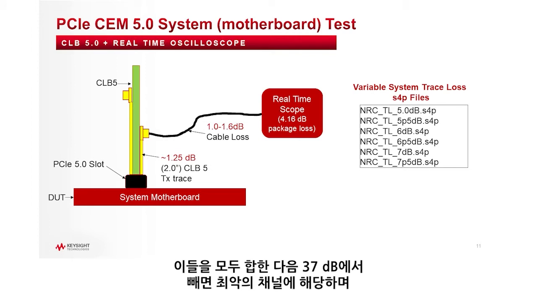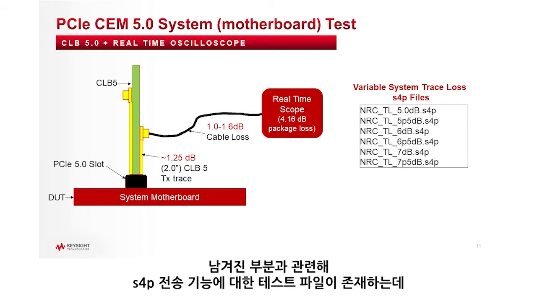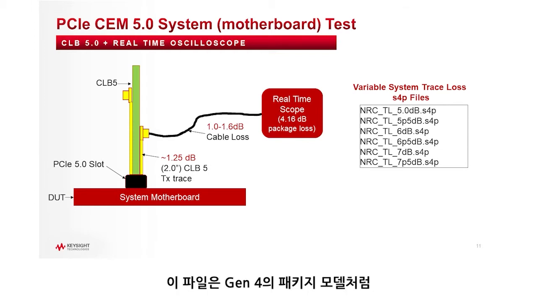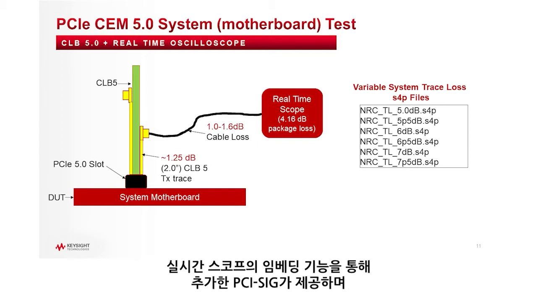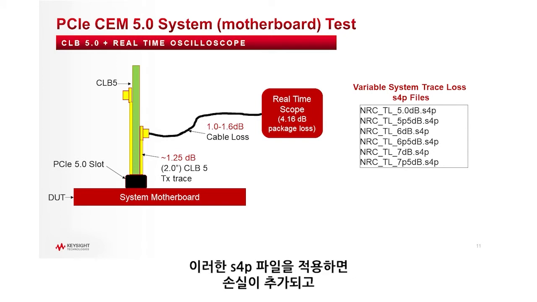We total all this up and we subtract it from 37 dB, which is the worst case channel. And then with whatever is left over, we have some test files of S4P transfer functions, which are provided by the PCI SIG, that we add via an embedding function in the real-time scope, just as we did with Gen 4, for example, with package models.